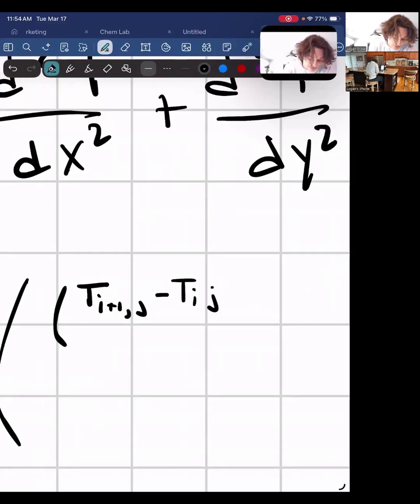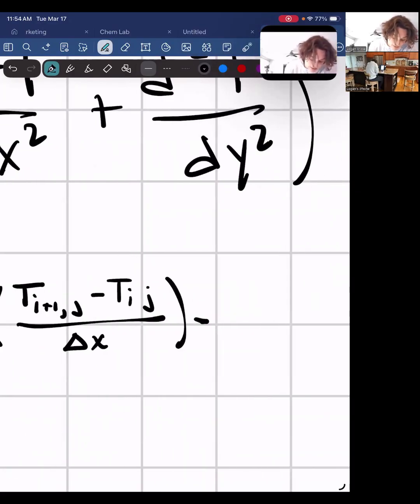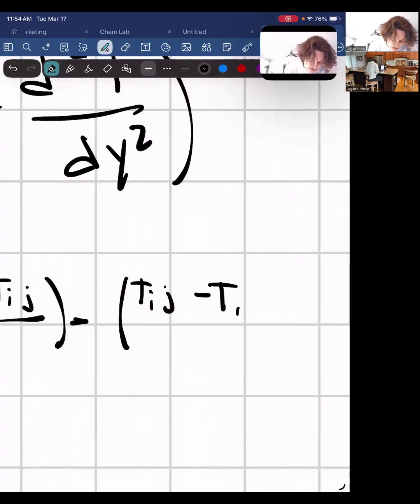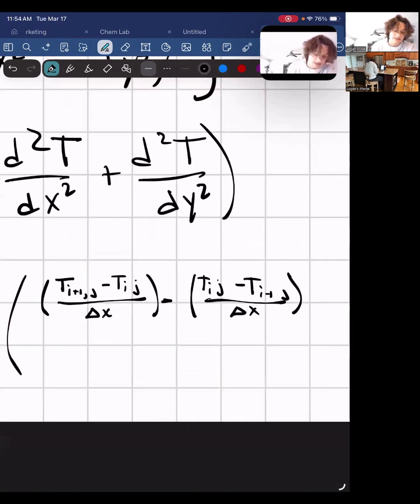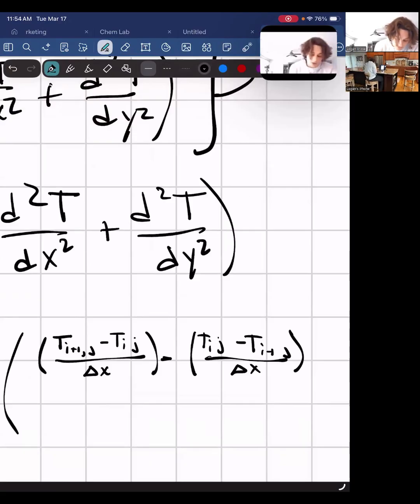That's our current position over the change in x, right? And then minus our current position i j minus T i minus 1, j. And that's also over our change in x, right? And since it's a second derivative, we know that we have to have a second delta x down here.